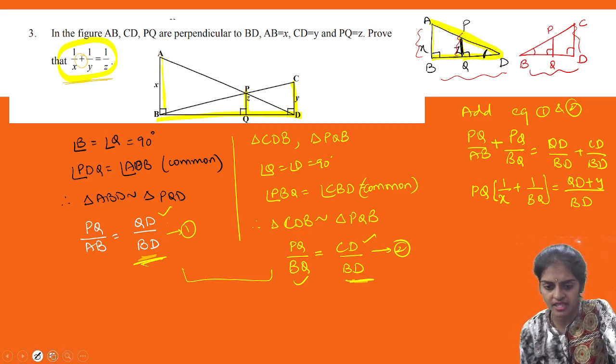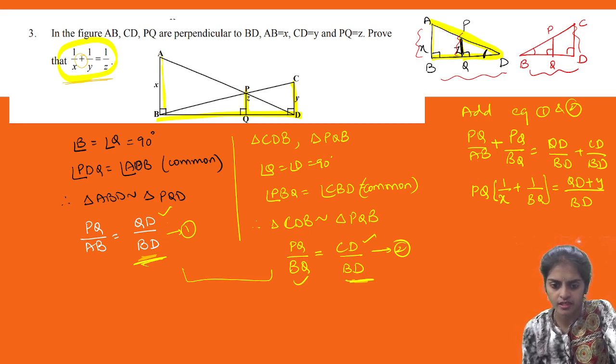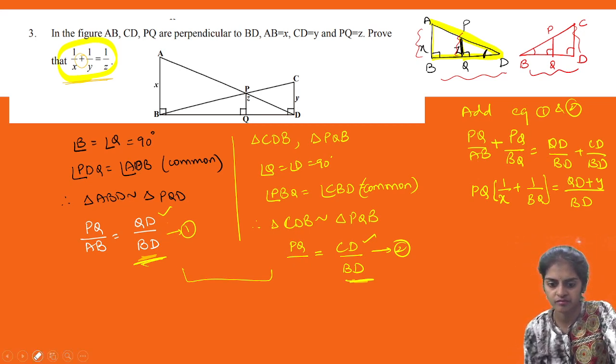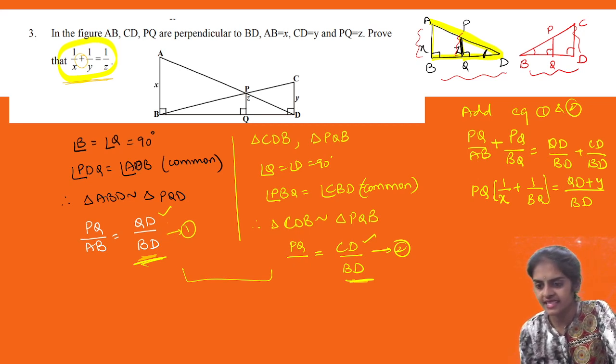And before that, let me check if I have written everything correctly or not. So let me just check. So PQ by AB is equal to QD by BD. Yes, it is correct. And PQ by CD. What did I write? BQ I wrote here. One second, people. Just see here.